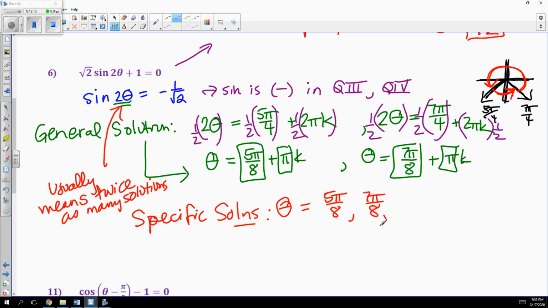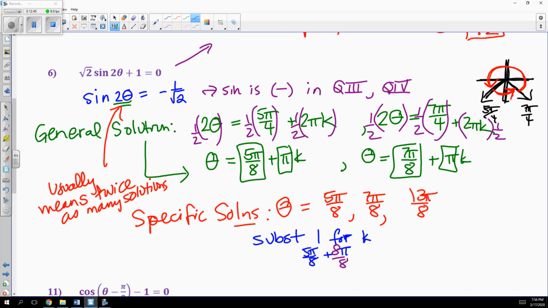There's still a lot of wiggle room between 0 and 2 pi because both of those values are less than pi. So let's see if we're still less than 2 pi by adding pi. Substitute 1 for k in each of these expressions and see what you get. 5 pi over 8 plus pi, where pi becomes 8 pi over 8, gives you another solution at 13 pi over 8.